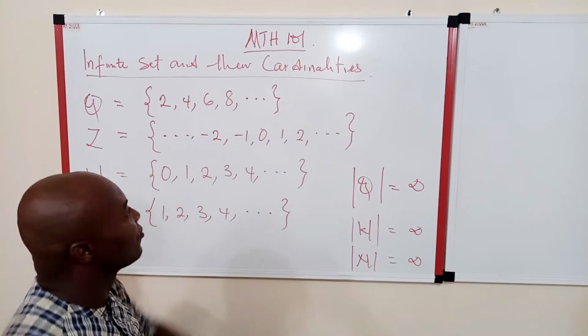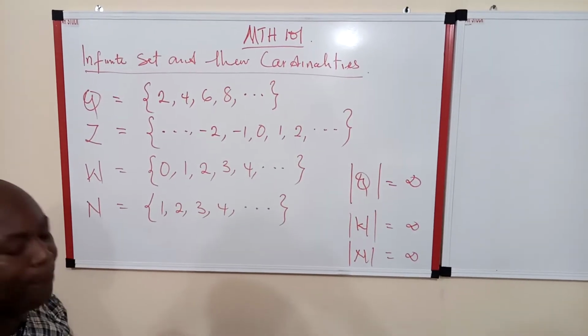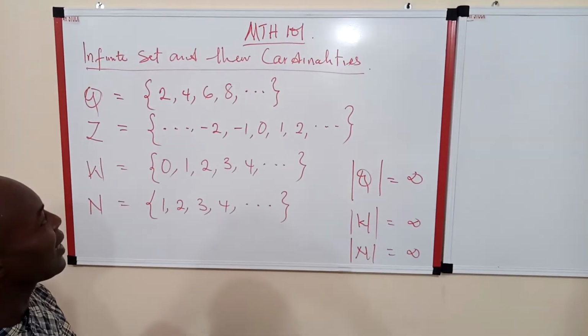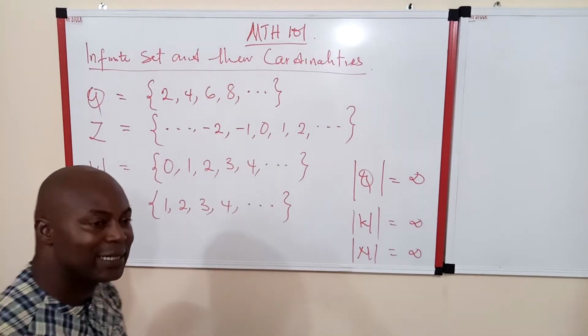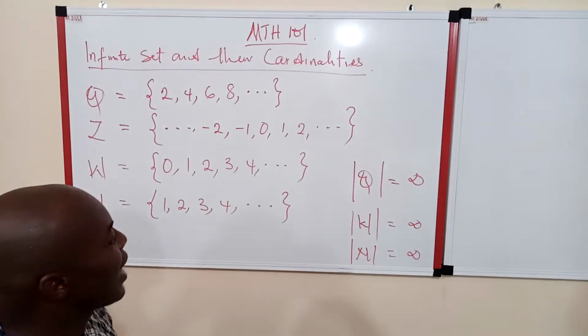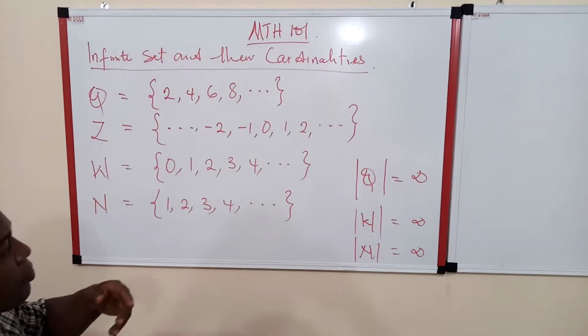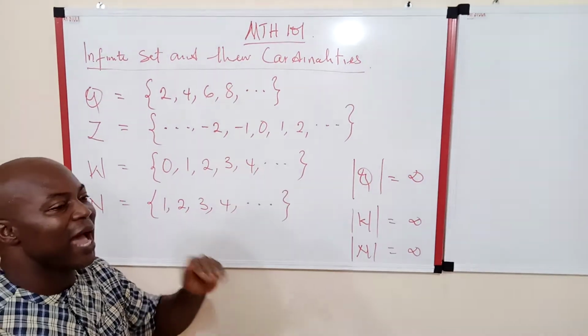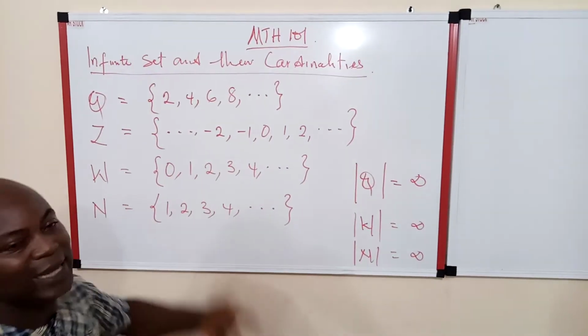Now, in our previous video, if we can remember, we also tried to compare the cardinalities of two sets. In this video, I want to tell us that it is not as easy as we did in the case of the finite set.